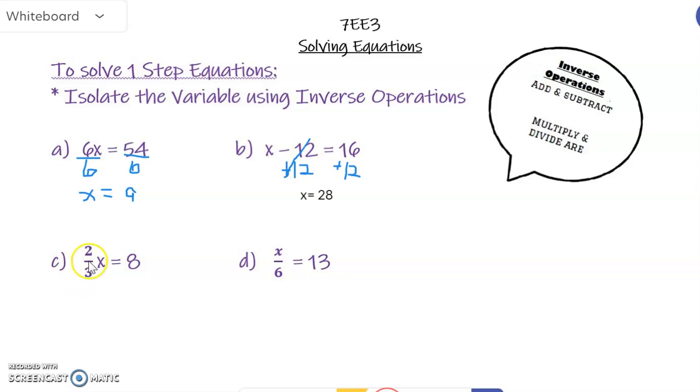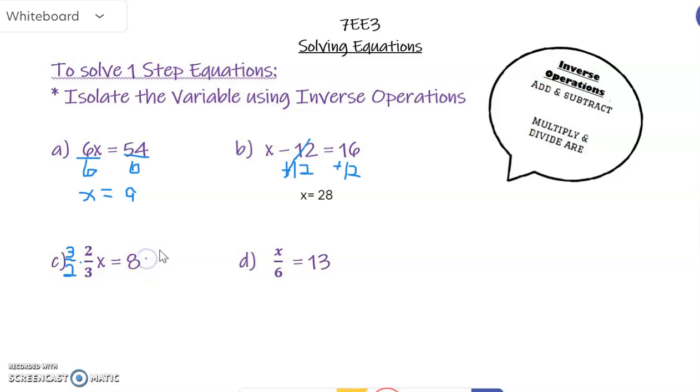So if you remember back to our multiplying and dividing fractions part that we learned about a month ago, or maybe a little more, we know that instead of dividing by fractions, we actually multiply by the reciprocal. So we would multiply 2/3 by 3/2.